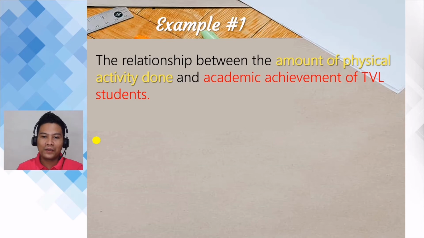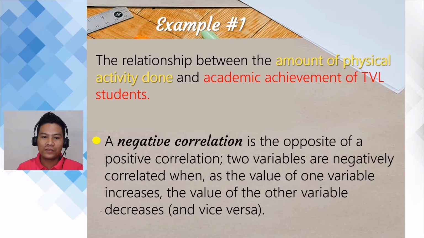On the other hand, we have a negative correlation. It is the opposite of a positive correlation. Two variables are negatively correlated when, as the value of one variable increases, the value of the other variable decreases, and vice versa.